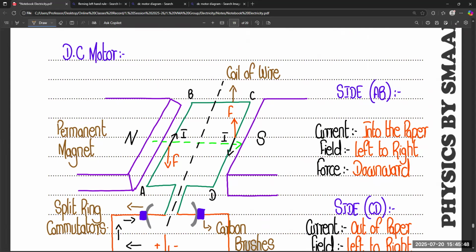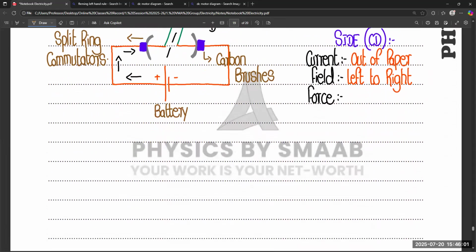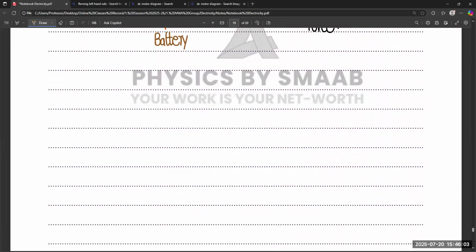So this is the concept of the DC motor. The concept of DC motor is very simple because you just need to apply the copy paste idea of it. You don't need to do anything special because it is the normal process, and we just have to know how it actually works.